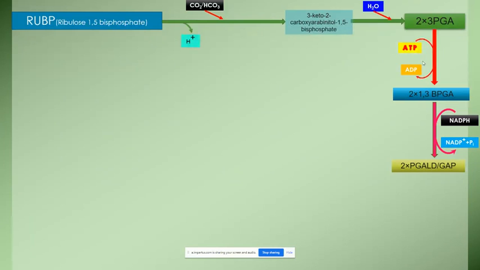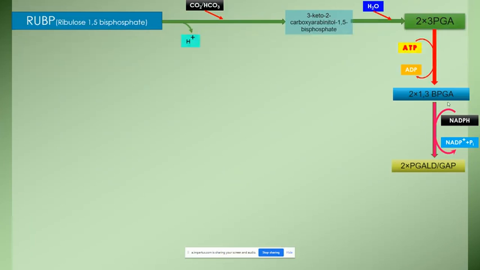In this step, what will happen? NADPH is used. If NADPH is used, the name of the enzyme is dehydrogenase. If NADPH or NADH or FADH is used, the enzyme will be NADP specific dehydrogenase.